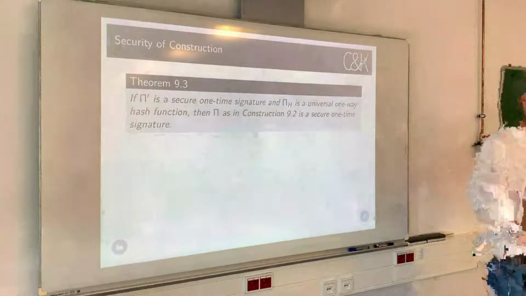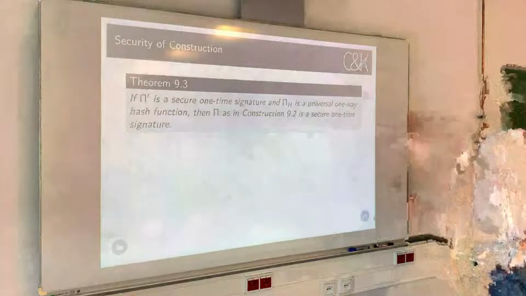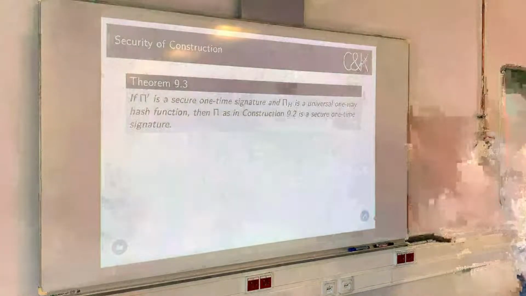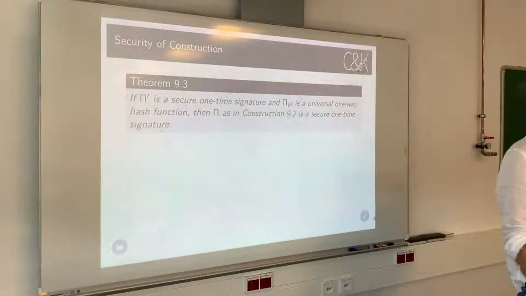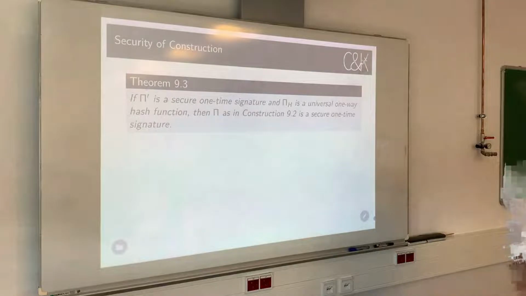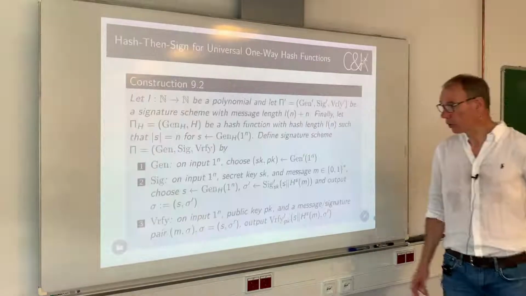The proof of theorem 9.3 is very similar to the proof of the security of hash then sign. You have to modify things a little bit, but not much.